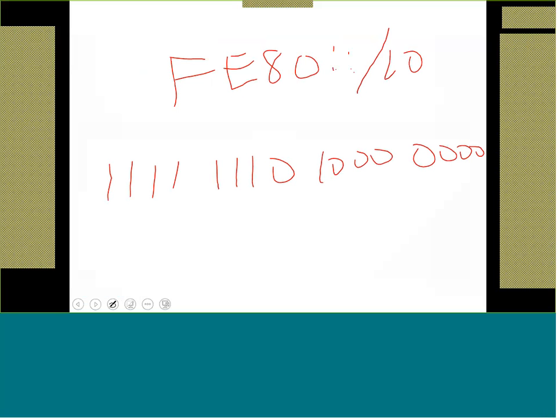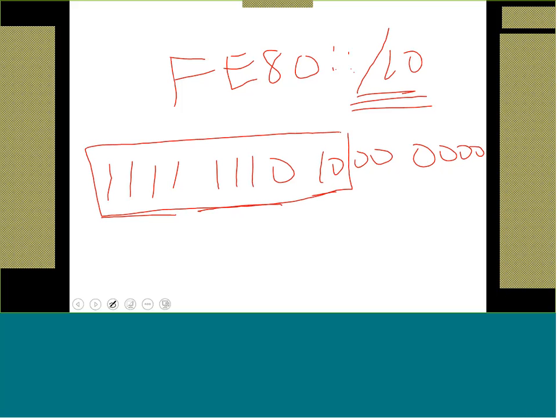Agreed? What does the /10 mean? The first 10 bits are fixed, ten ones. So those bits are fixed, which means a link local address can be anywhere from FE80 to what?